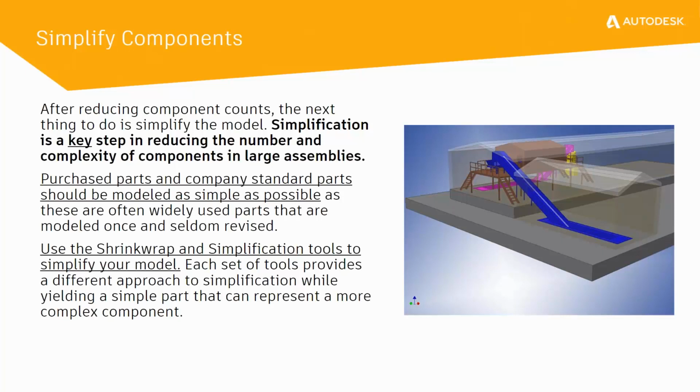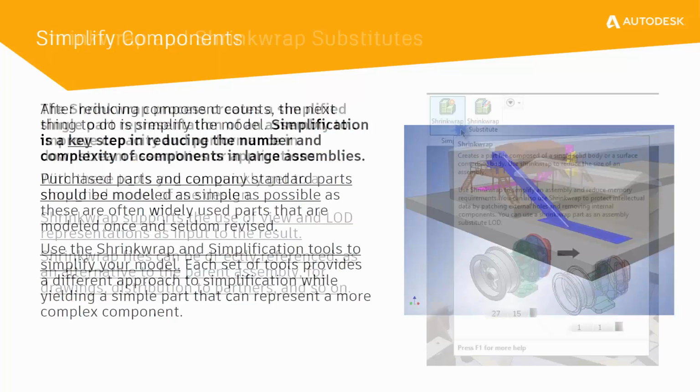What we would recommend is if you can find ways of reducing the number or the complexity of purchased parts or standard company parts that are used across projects, then simplifying those is a great path to improving your performance. You can also use the Shrinkwrap and Simplification tools to simplify your model as well. So there are a couple of avenues for simplifying your designs.